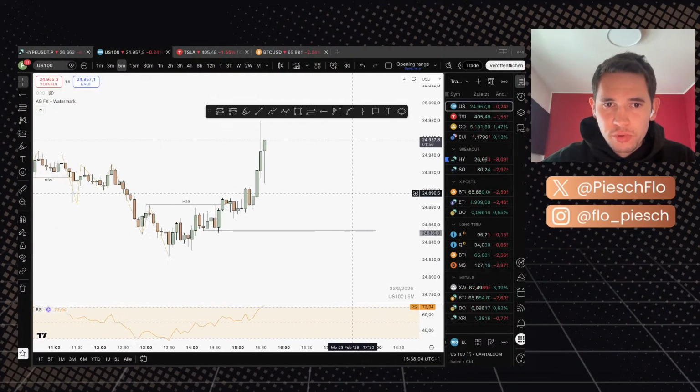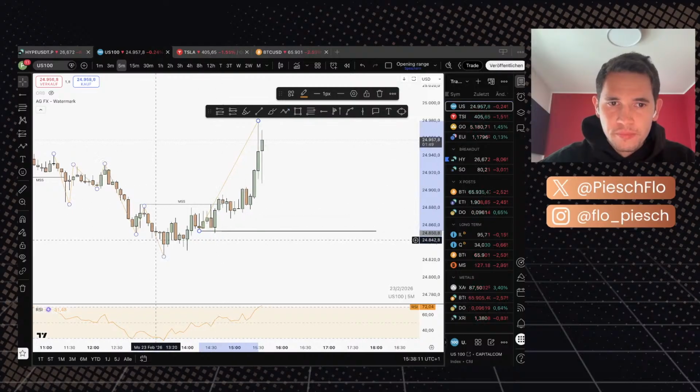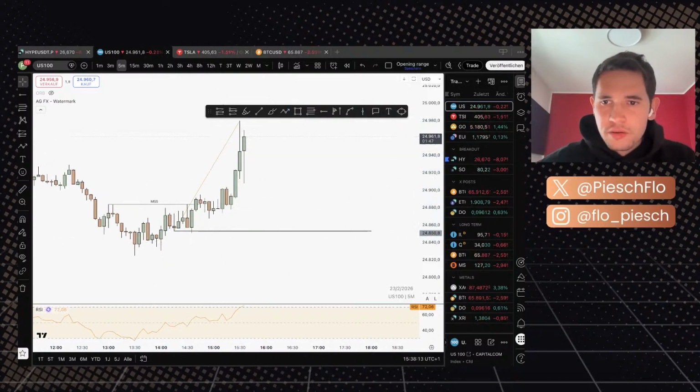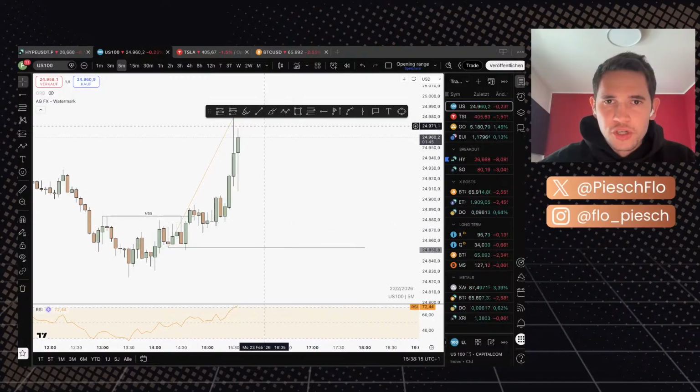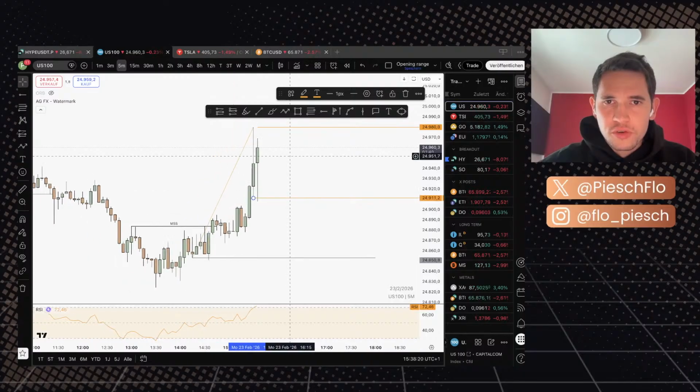But for NQ it's just important now market is bullish. This is the invalidation. And now the range where if it closes, I will look for continuation longs.